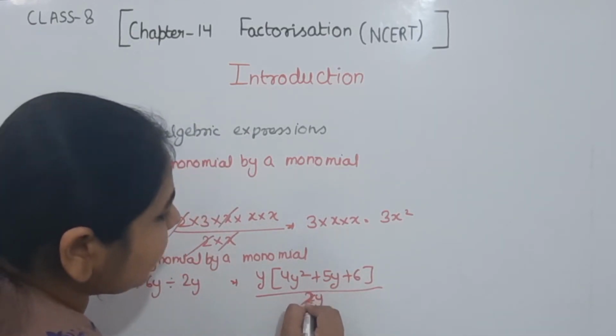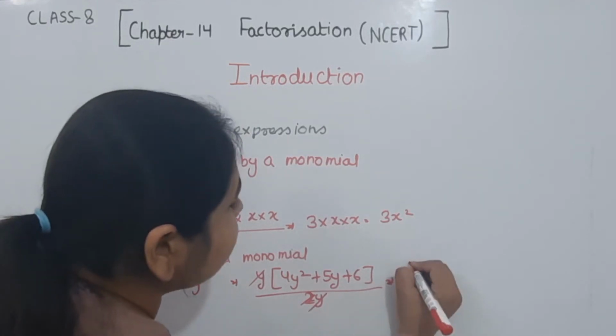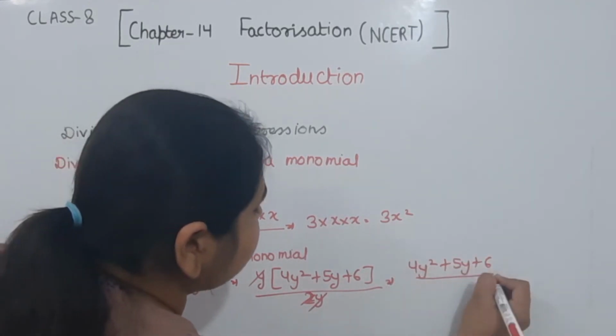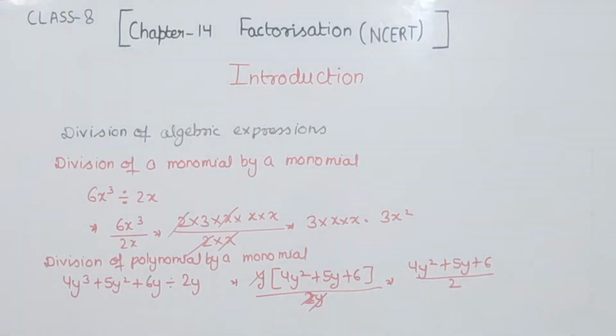Now I'm going to write 2 as it is. y is cancelled from y. Here we are having 4y square plus 5y plus 6 divided by 2. So this is the division when one is a polynomial and the other one is a monomial.